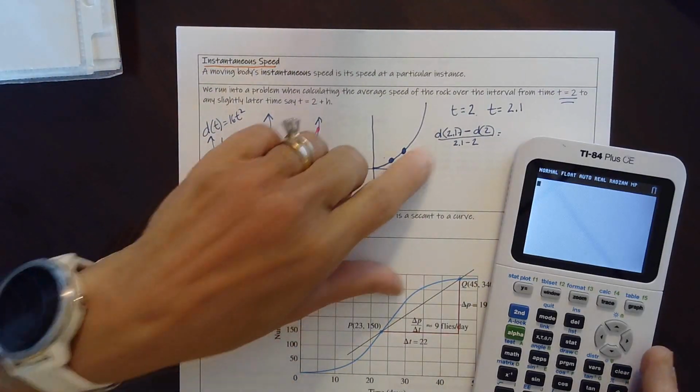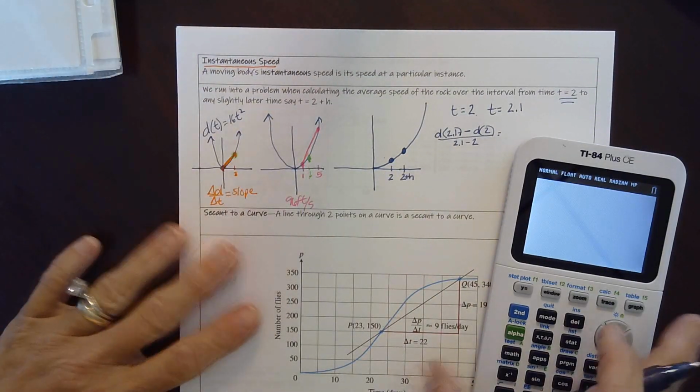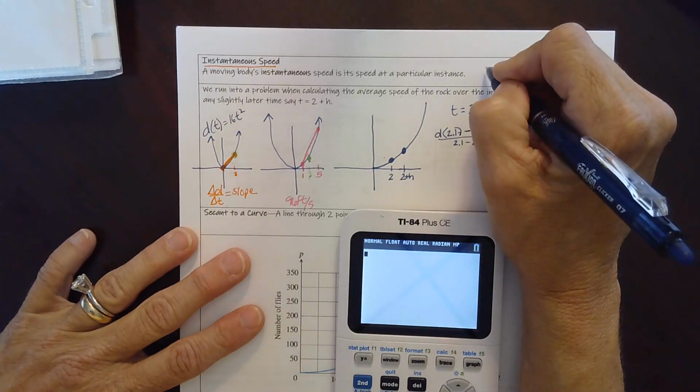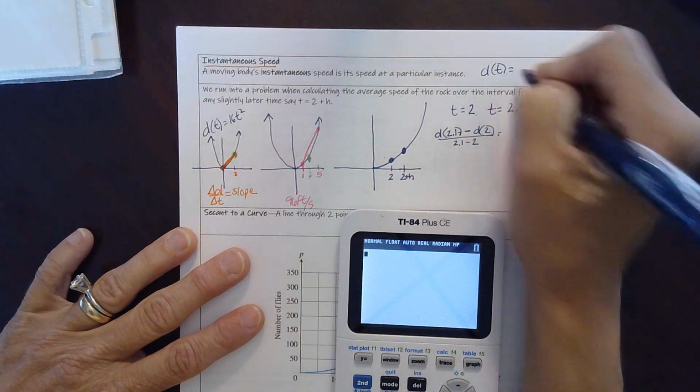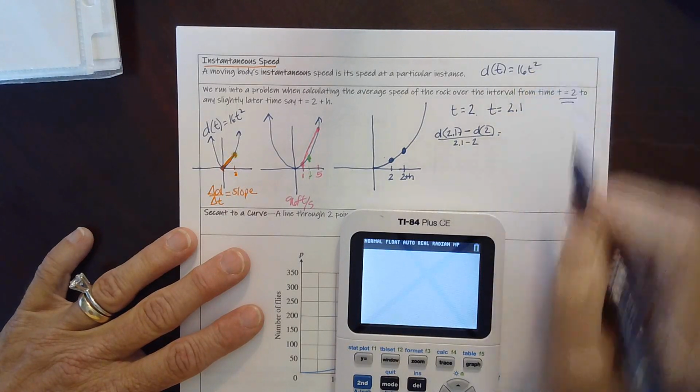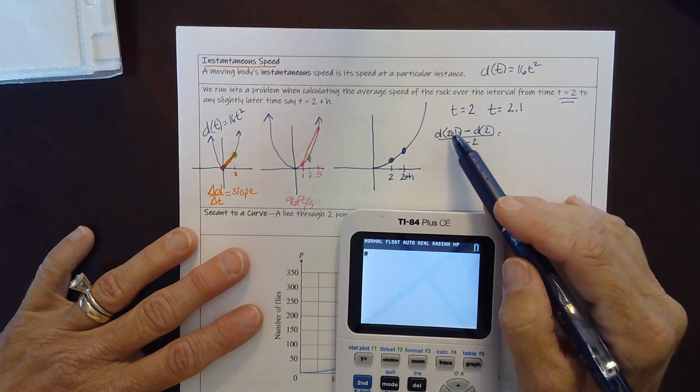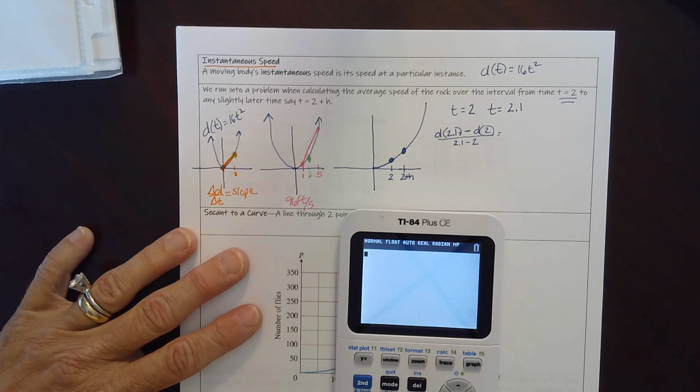Okay, so I'm going to calculate the numerator, and remember our function was d of t equals 16t squared. So when I substitute 2.1 in for t, I have 16 times 2.1 in parentheses, squared, minus 16 times 2 squared.